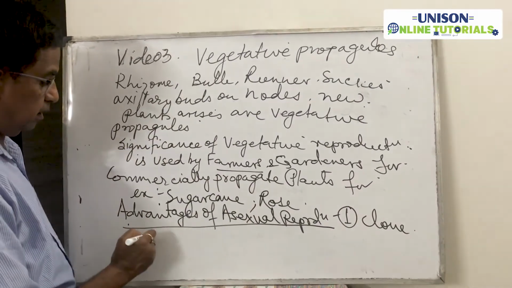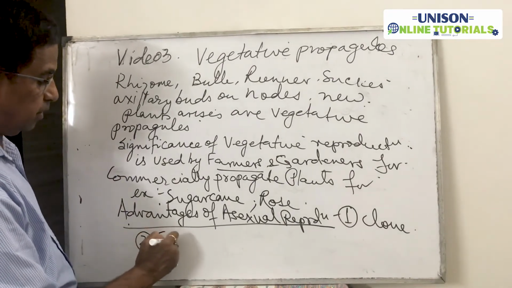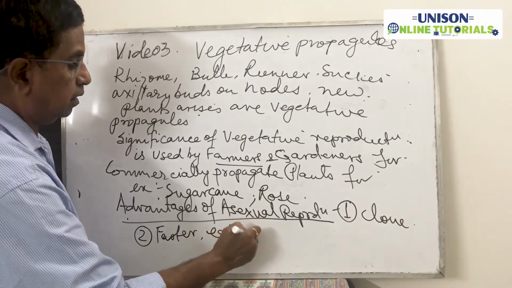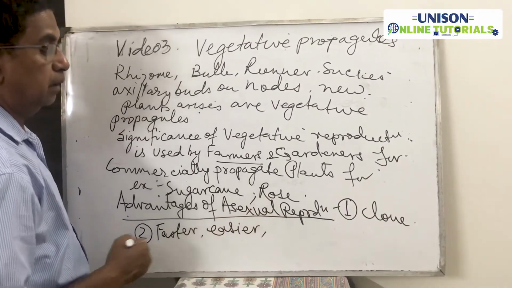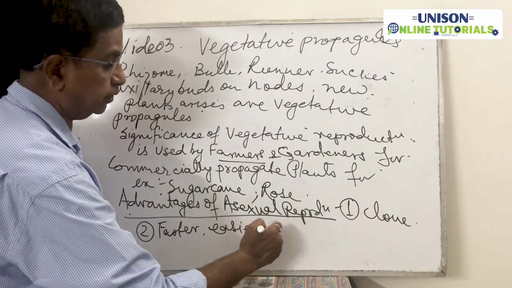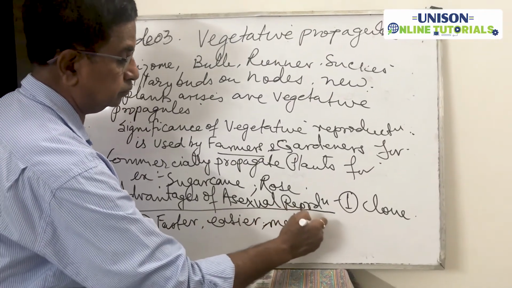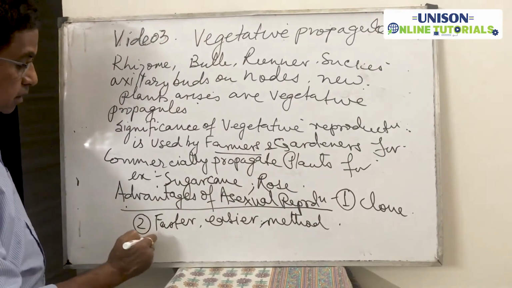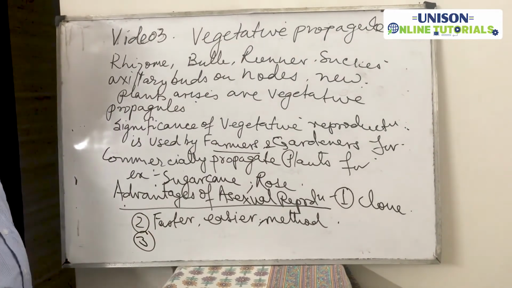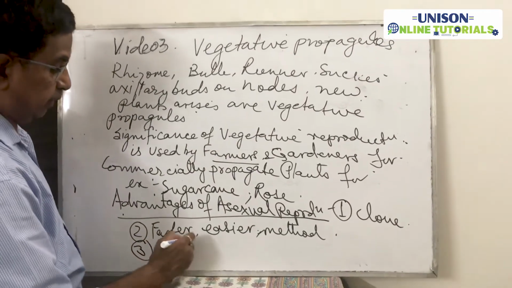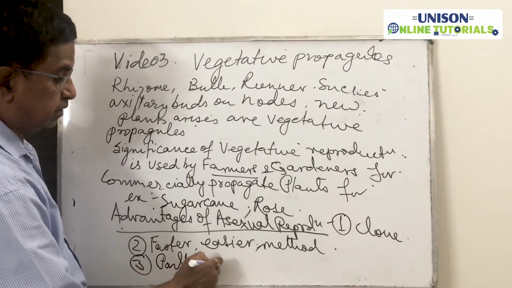Second, it is a faster and easier method of reproduction. There is also a type of asexual reproduction known as parthenocarpy, which we'll discuss later.